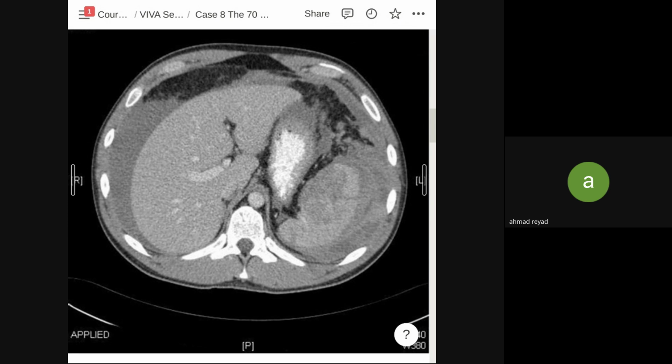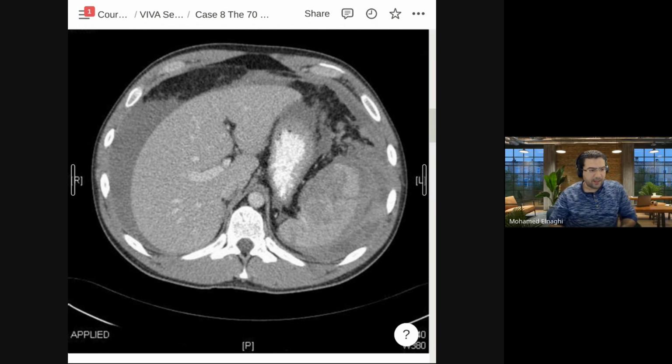I think especially the area with fat stranding was around the cecum, so either perforated appendix or perforated cecal tumor. Especially, I was seeing some thickening in the cecal wall. Okay, so you may think that maybe something else is going on. So you should be a little bit cautious when you approach and assess the patient.